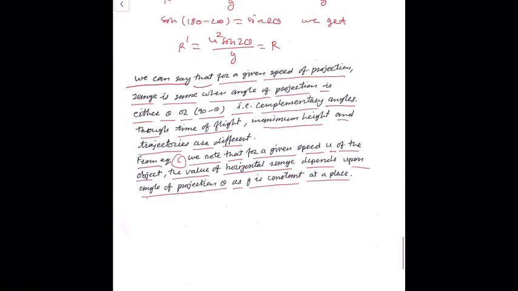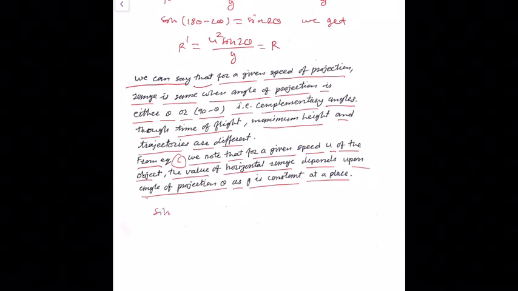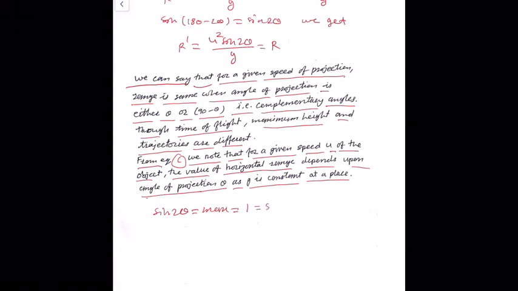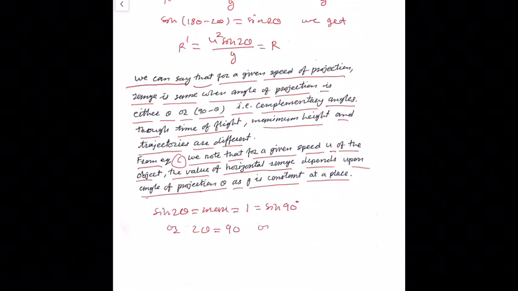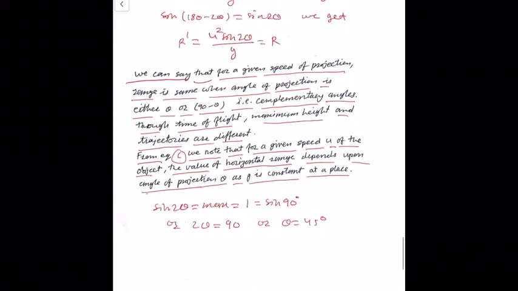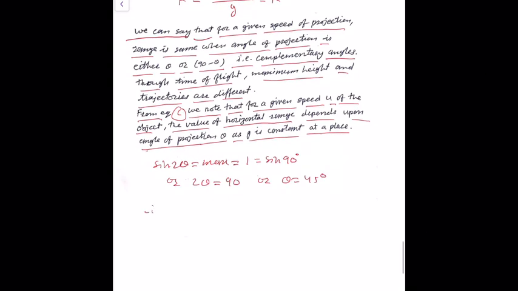Therefore, horizontal range capital R will be maximum if sin 2 theta is maximum, equal to 1, equal to sin 90 degree, or we can write 2 theta is equal to 90, or theta equal to 45 degree.